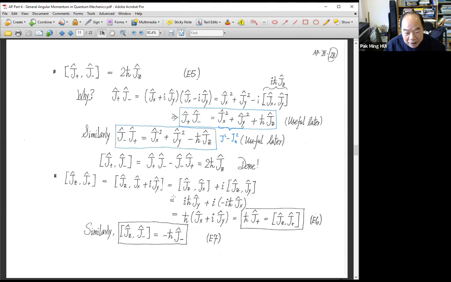And then it turns out that you get h bar J plus. Similarly, Jz J minus is minus h bar J minus. All right. So these two will be used to prove the function. What does it do? J plus will raise the z eigenvalue, and minus will lower the z component eigenvalues.